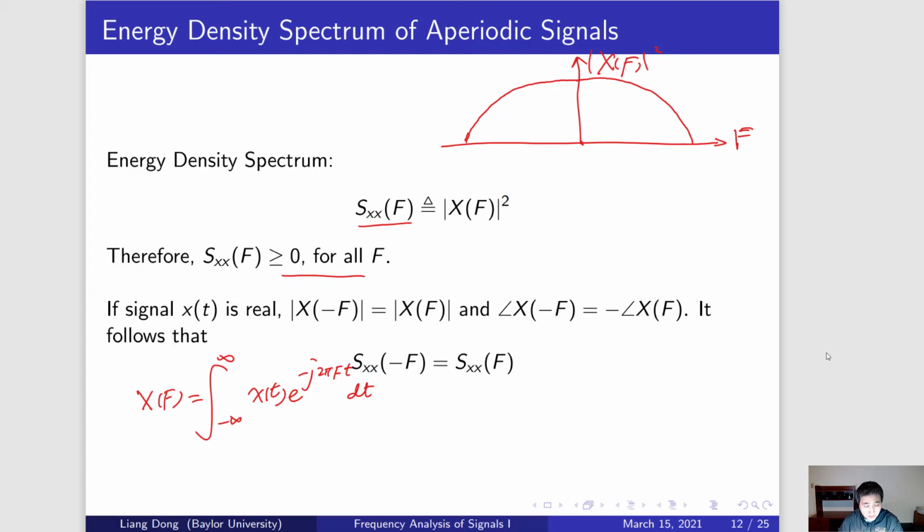It follows that my spectrum density is also even symmetric. So like this picture, the spectrum density is always even symmetric, which means we have negative frequency, we have positive frequency, we have negative frequency. Now the negative frequency is a mathematical artifact that comes from the way we do the Fourier transform, because we are using the exponential instead of real cosines and sines.